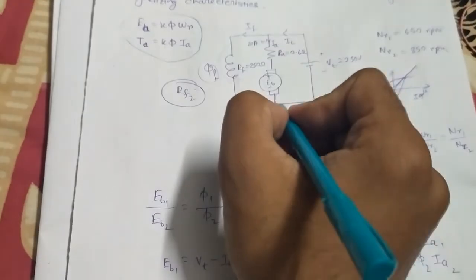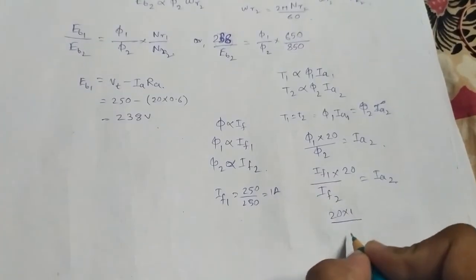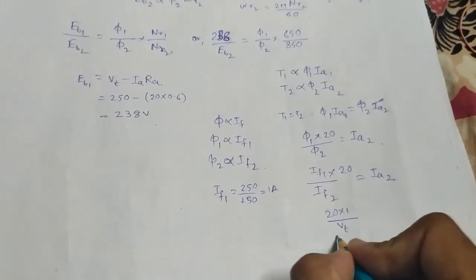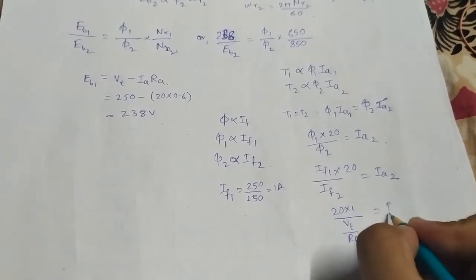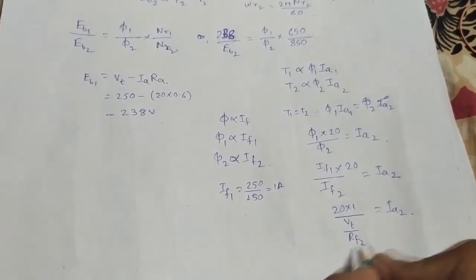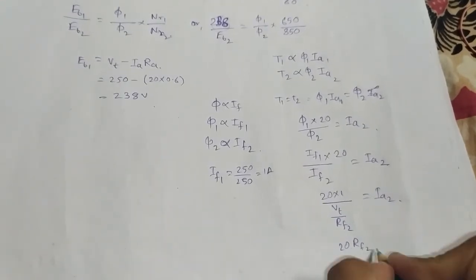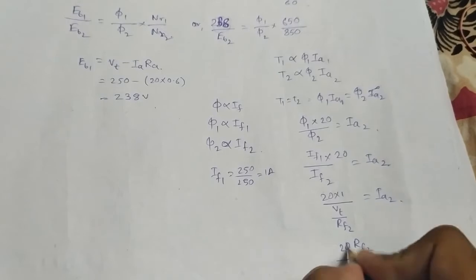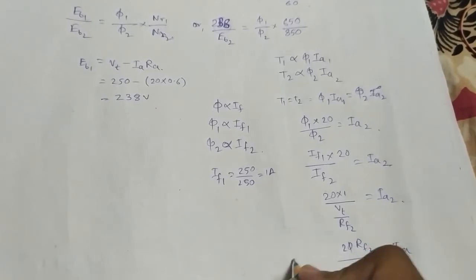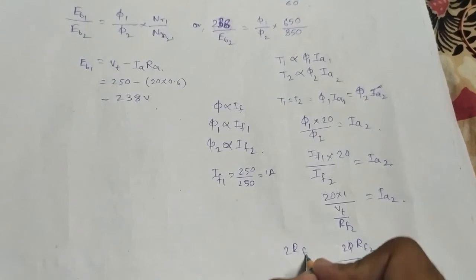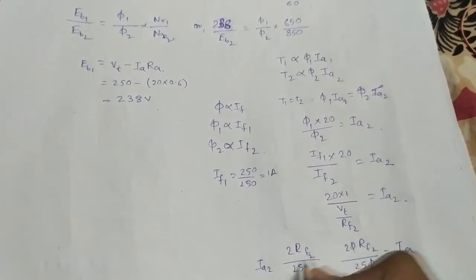The terminal voltage is the same, so If2 will become Vt divided by Rf2. What is the Vt here? 250. So Rf2 will go upside, so 20 into Rf2 divided by 250. The 0 gets cancelled, so actually Ia2 equals 2Rf2 divided by 25. That is the value of Ia2.